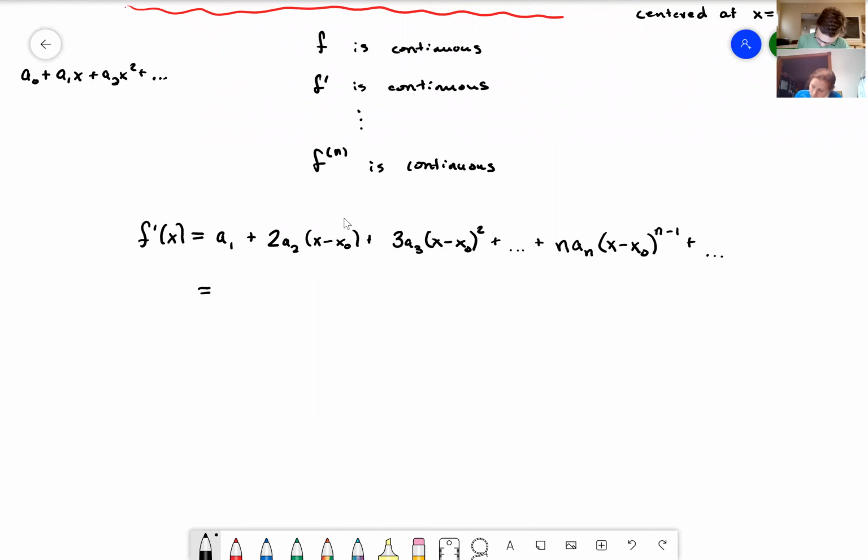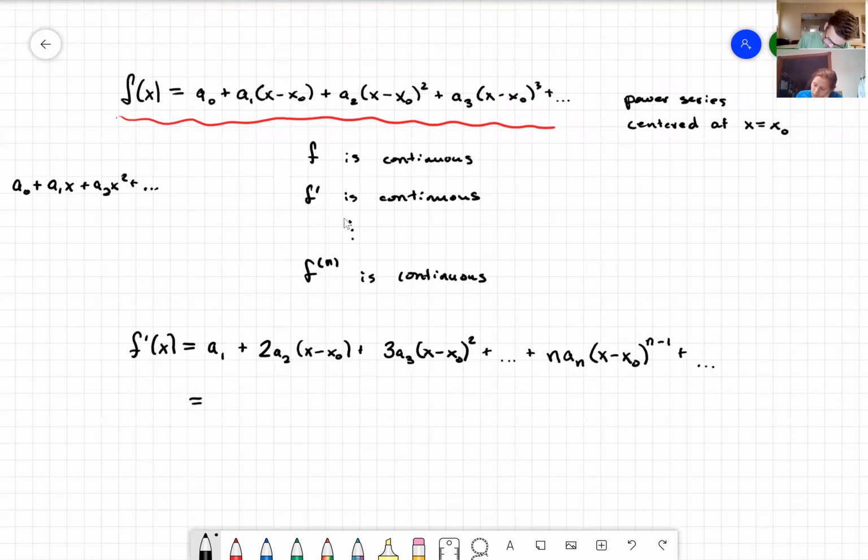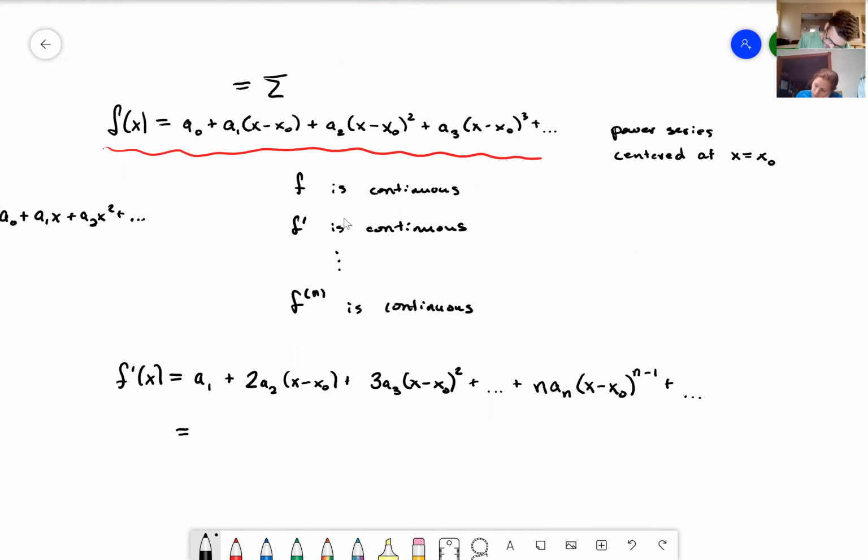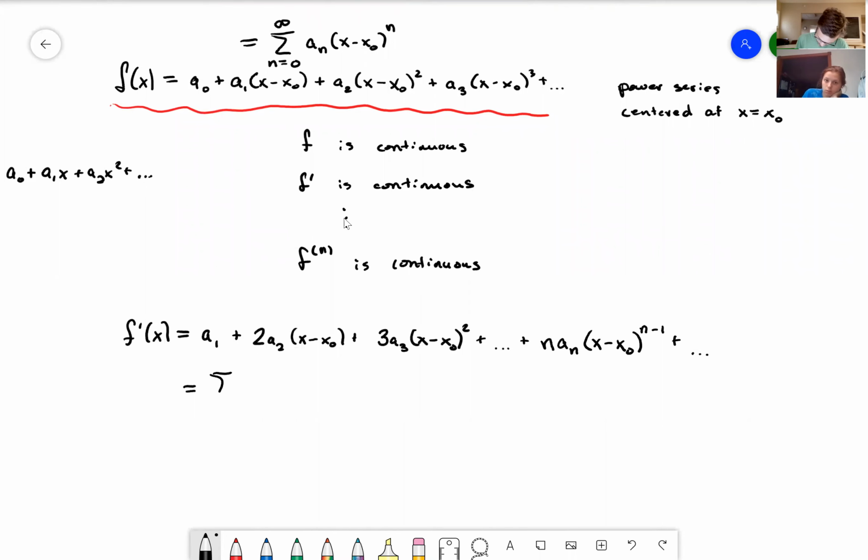And so the way we write this is, first of all, reminding ourselves of the sigma notation here. This would be the sum from n equals 0 to infinity of a n (x minus x0) to the n. Taking the derivative of this, we get the sum from n equals 1 to infinity.